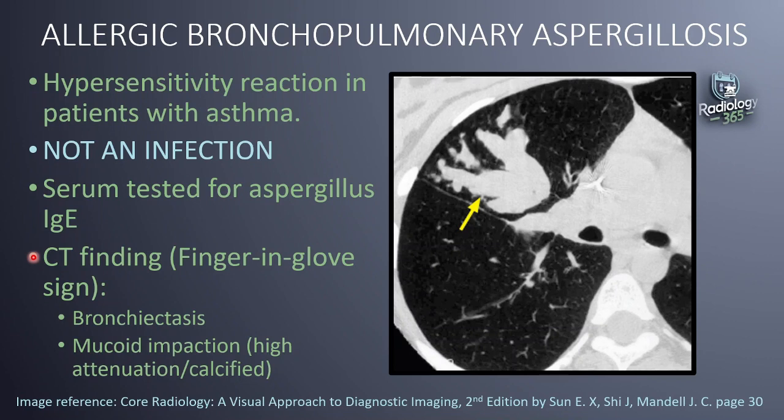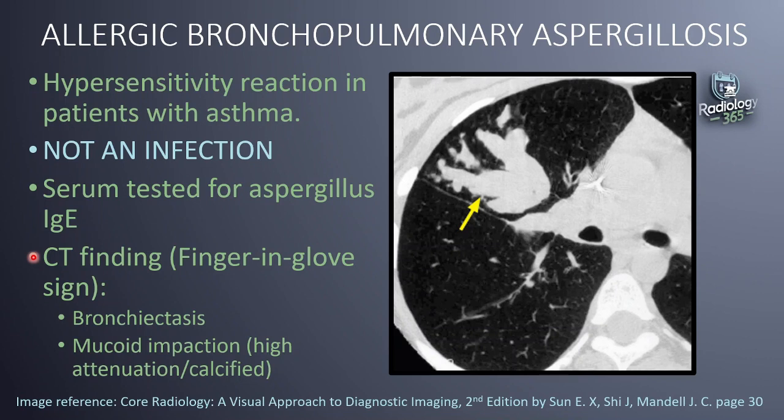These patients would clinically present with recurrent wheezing, low-grade fever, cough, some sputum production, which would contain fragments of the Aspergillus hyphae within it. And to diagnose, it makes sense that it will be diagnosed using serum testing for the Aspergillus IgE antibody.